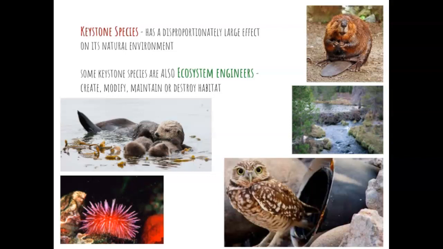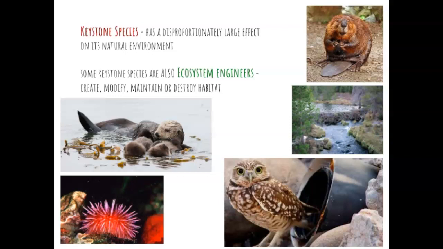Some keystone species aren't considered keystone species because of their predator-prey interactions within the ecosystem, but there also can be keystone species that are what we call ecosystem engineers, where they are species that create, modify, maintain, or destroy habitat.